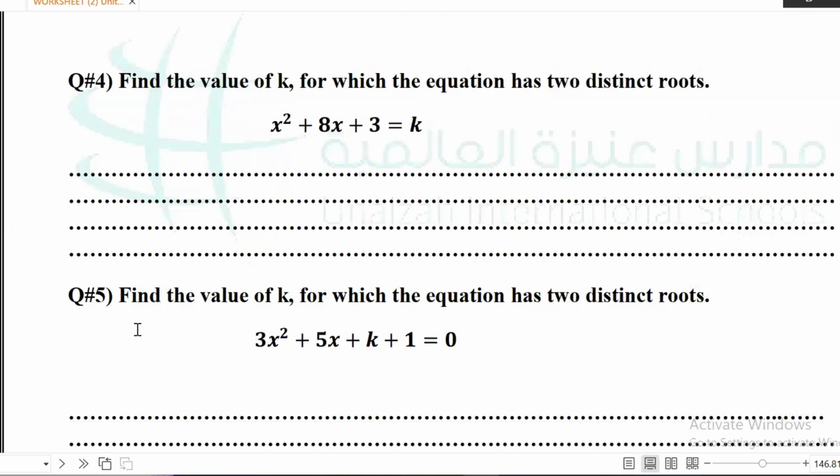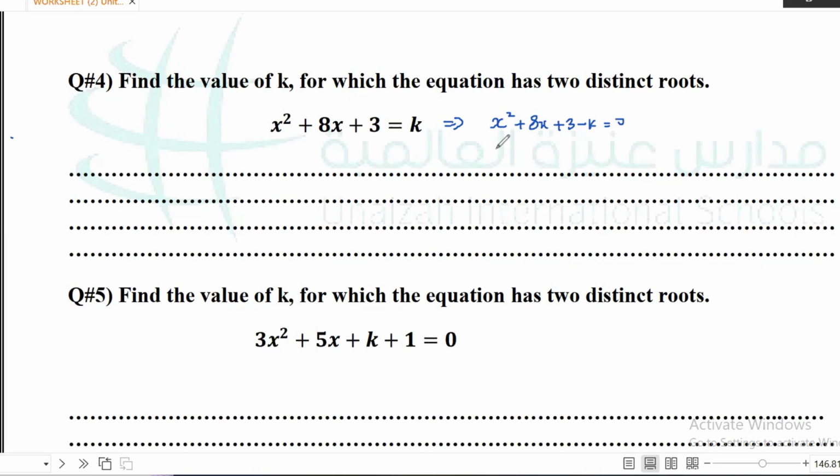Question number 4: find the value of k for which the equation has two distinct roots. So it means the discriminant must be greater than 0. But before moving on to the discriminant, we have to rearrange as well: x squared plus 8x plus 3 minus k.